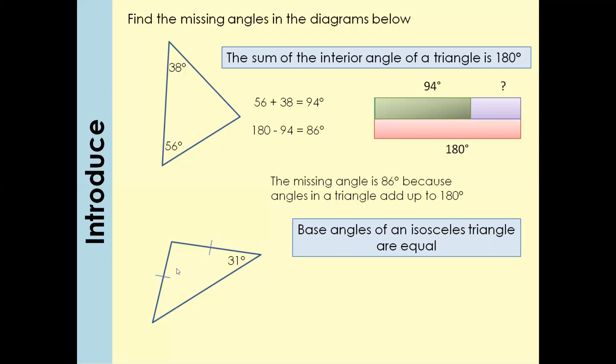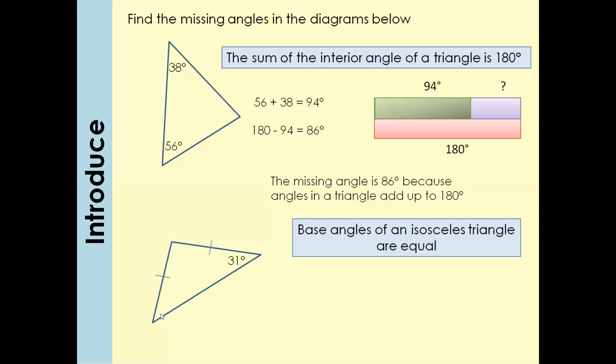So in this triangle, this side is exactly the same as this side. For example, this is 5 centimeters, this is 5 centimeters as well. So in an isosceles triangle, the base angles are always equal. So that's the base angle here, and this is the base angle here as well. These two are the base angles.